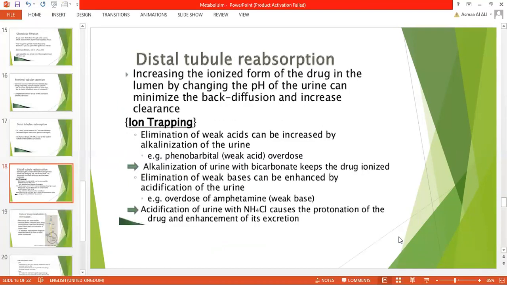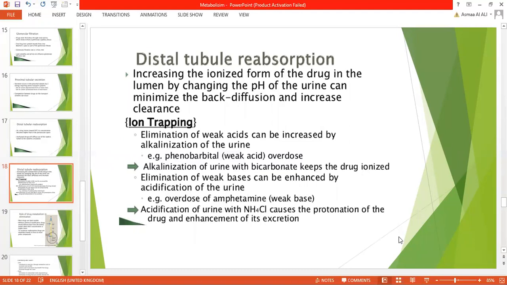In distal tubular reabsorption, increasing the ionized form of the drug in the lumen by changing the pH of the urine can minimize the back diffusion and increase clearance.